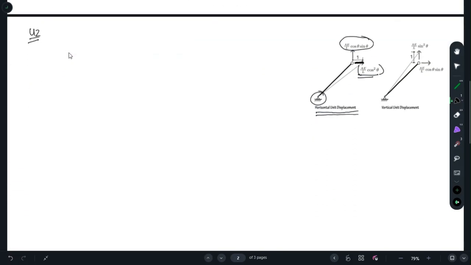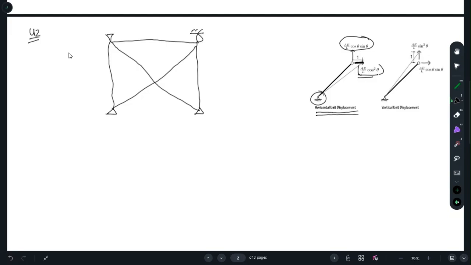So let's draw a qualitative diagram. It would be something like that. It has a cross frame, and this frame would be pinned, but this frame would be rollered. So if it undergoes horizontal displacement, it would be like that.